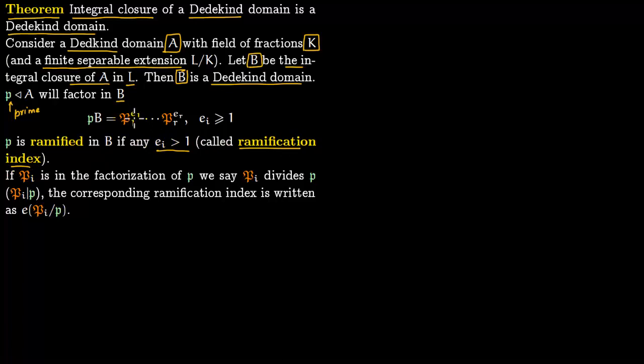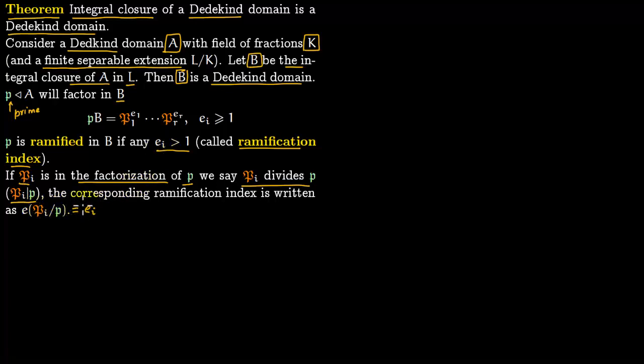So for every such big prime ideal, you have a corresponding ramification index. If P_i is in the factorization of P, we say P_i divides P. And the corresponding ramification index, you can write as e(P_i over P), or you can write it as e_i like this.